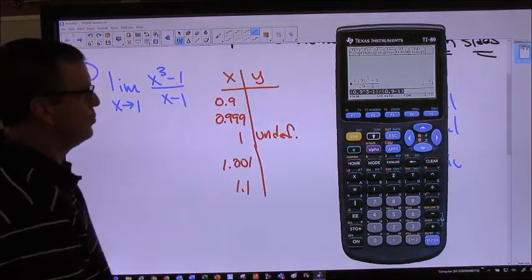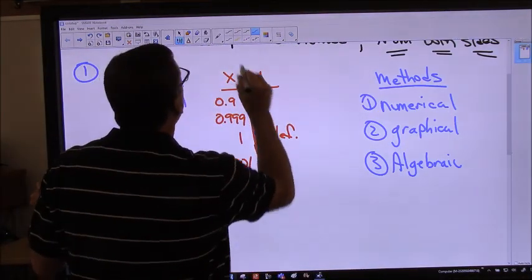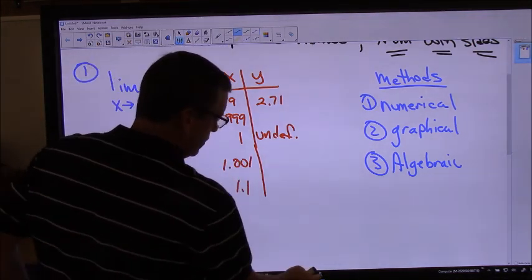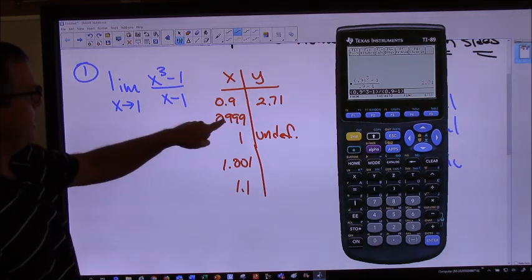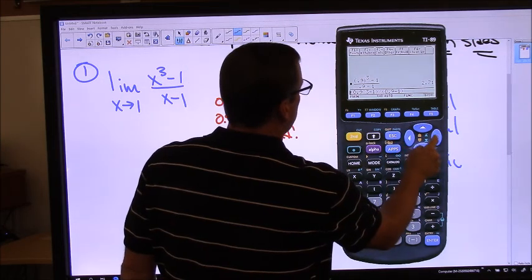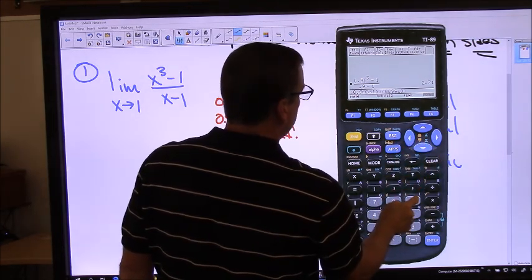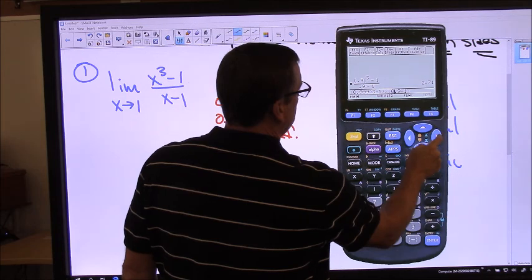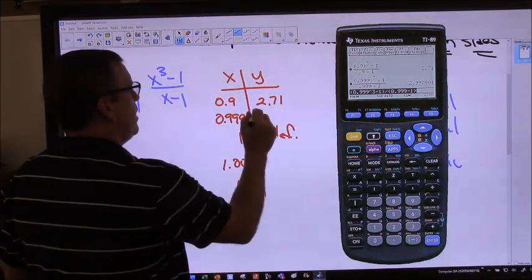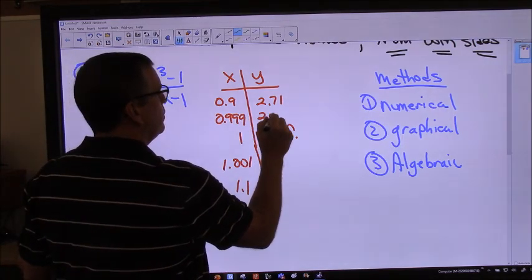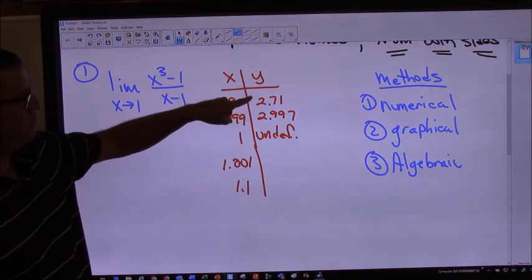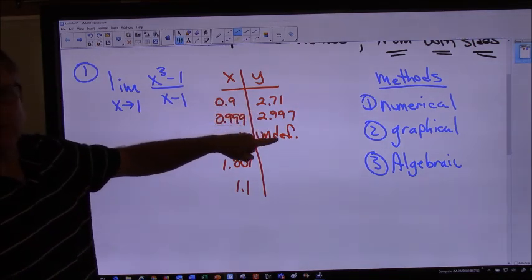And there's what I get, 2.71. Okay, then we'll plug in the next number. So now I'm plugging in 0.999, and all I really have to do is go back and add a couple 9s in here, hit enter, and now I have 2.997. So it looks like it's getting closer and closer to 3.